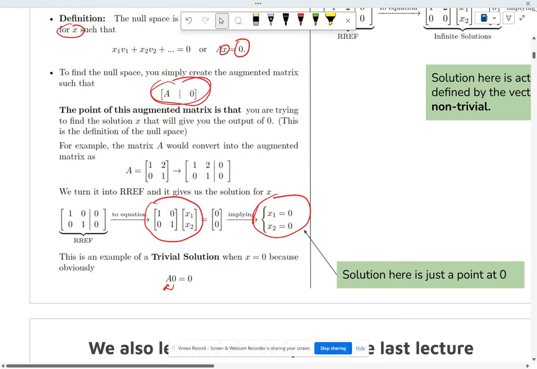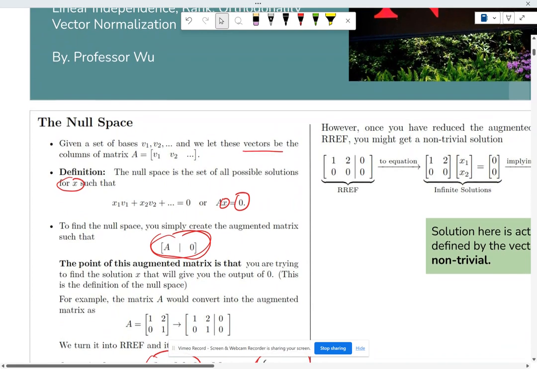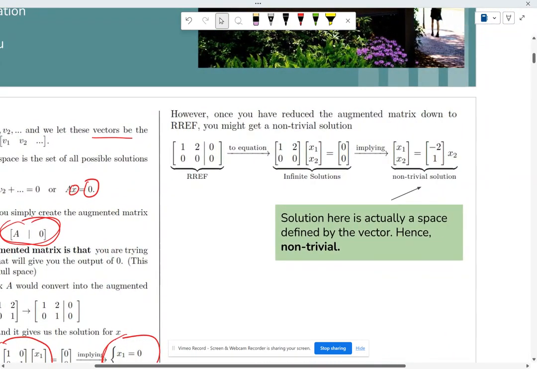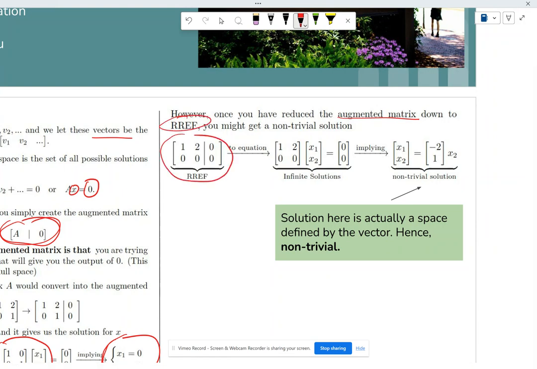Now, let me give you another example where we don't have a trivial solution. Once you reduce the augmented matrix down to REF, sometimes you might end up with something like this. If this is the REF, and you write it in the solution case, notice that this has infinite solutions, implying that the solution will look something like this. Now, this is actually a space.